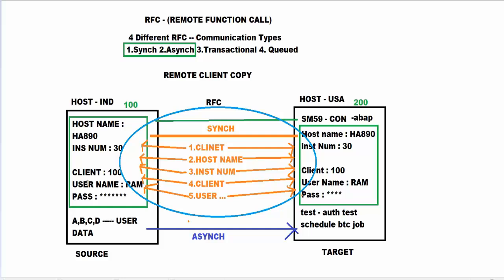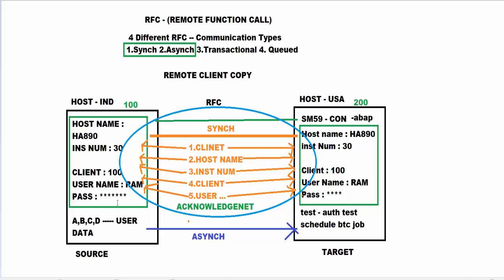So in the back end, the source system verifies. That means it checks. That's why the system gets the acknowledgement. The source system will receive the acknowledgement that the target system is maintained fine, so now you can send the data in asynchronous method.